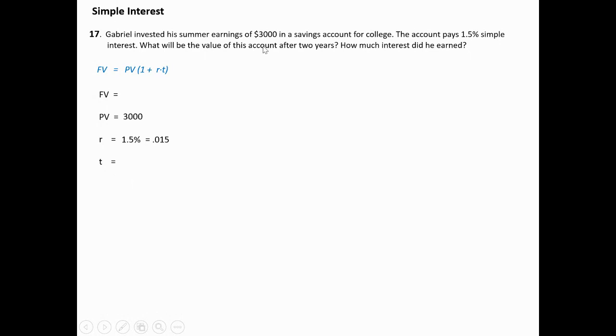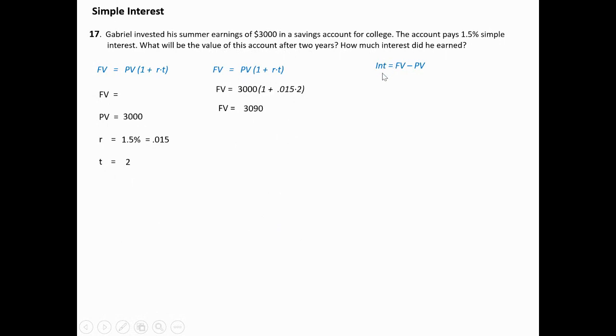And the time is 2 years. We plug them into the formula. My PV is 3,000, my R is 0.015, and my T, the time, is 2. Use a calculator. So that's the answer, guys. In 2 years, you have $3,090.